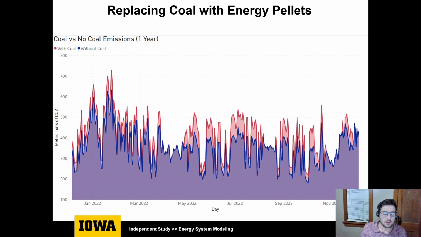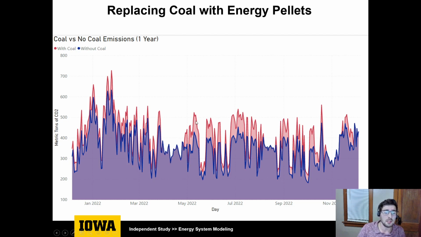Okay, so we run this experiment. We say, what if we made up all the energy content we get from coal with these energy pellets? We can see this red curve is our emissions for the past year with coal, and our emissions replacing coal with energy pellets is this blue curve. You can see on the low end, we're not burning coal at this time, so there's no emissions saved.